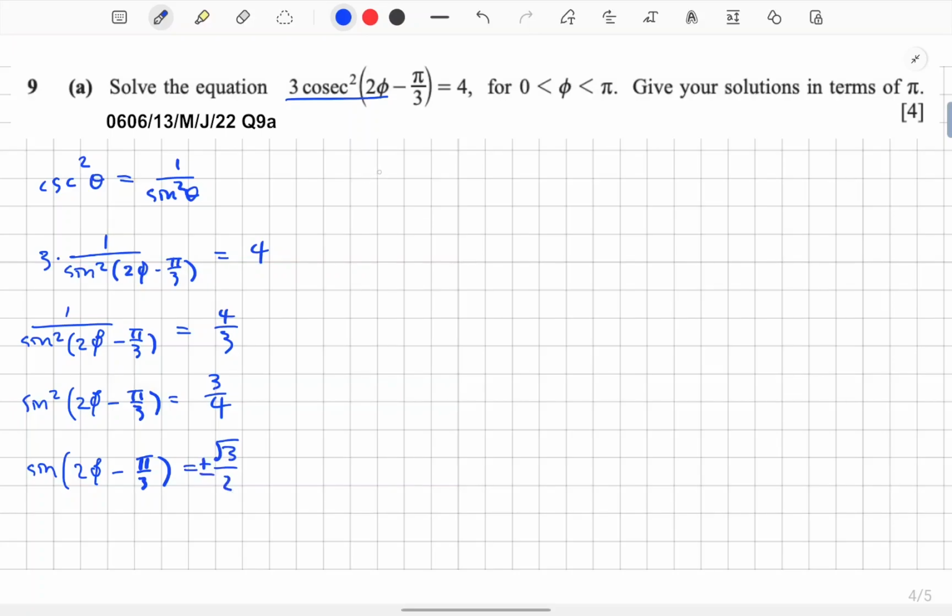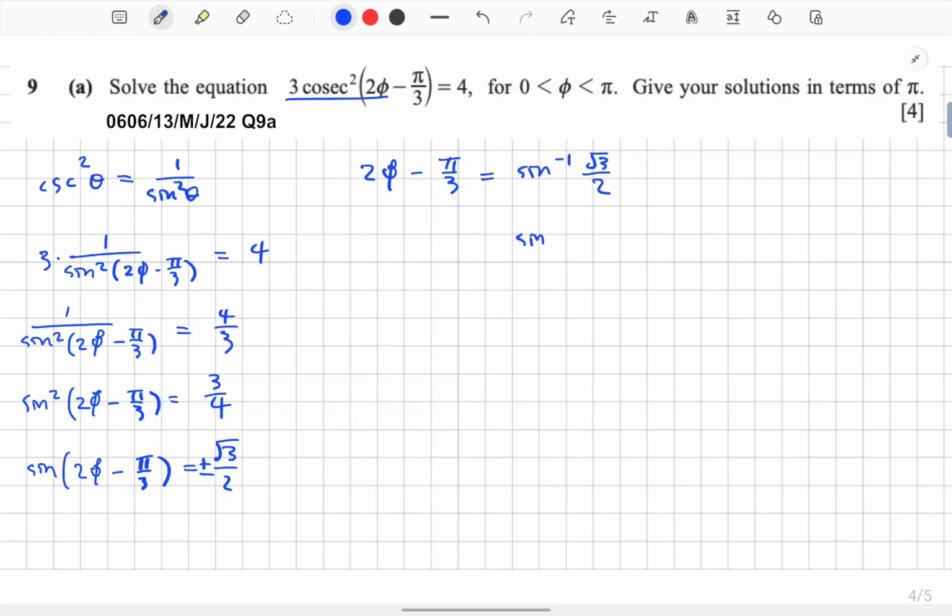And now the input of the function, which is 2v minus pi over 3, equals the arcsine of our output. And there are two cases here. One is square root of 3 over 2.